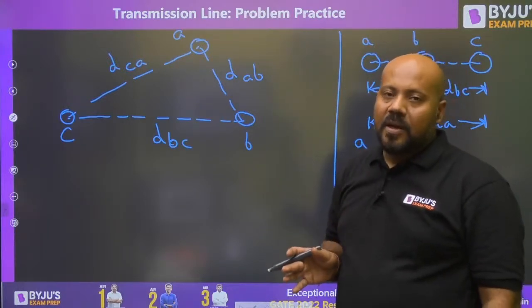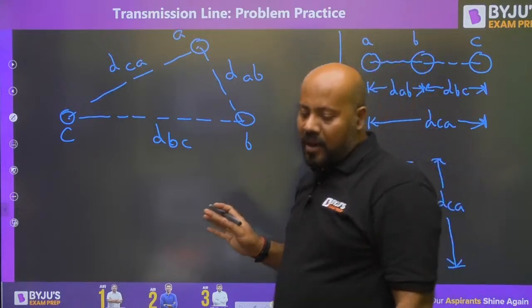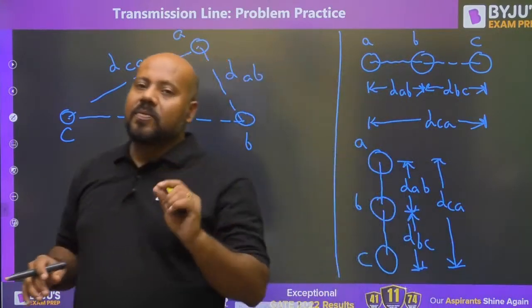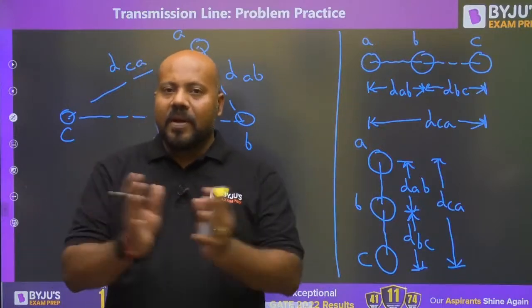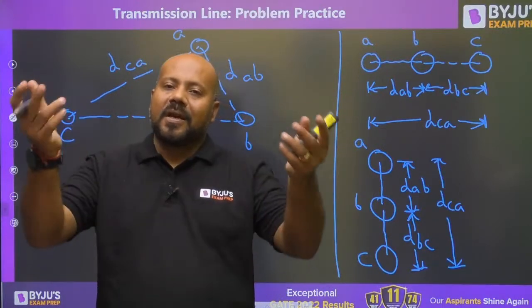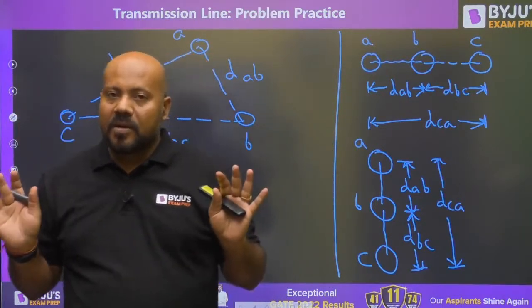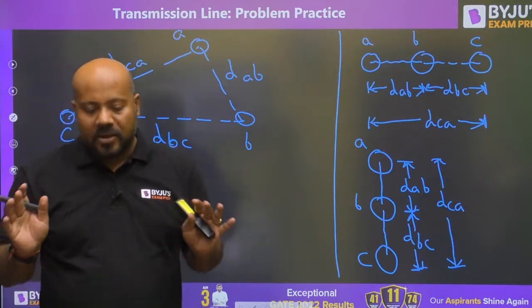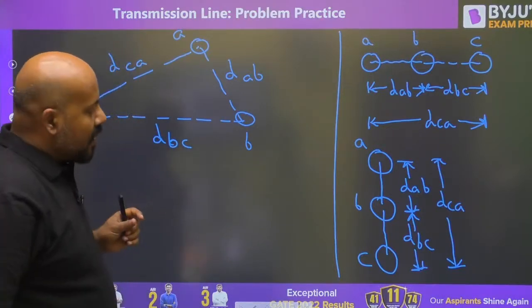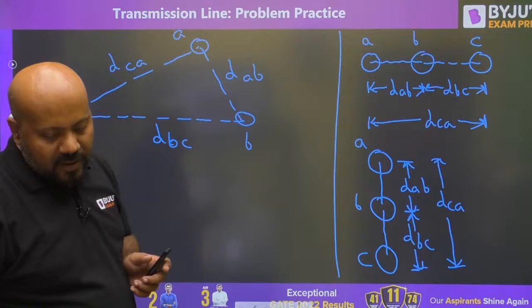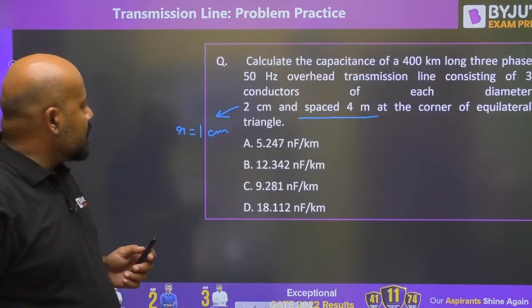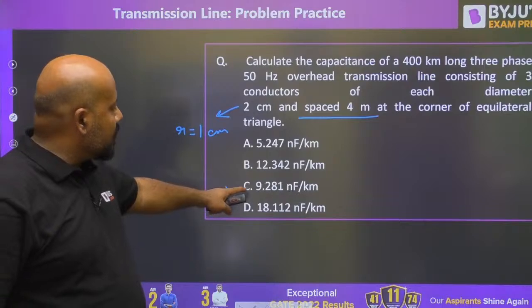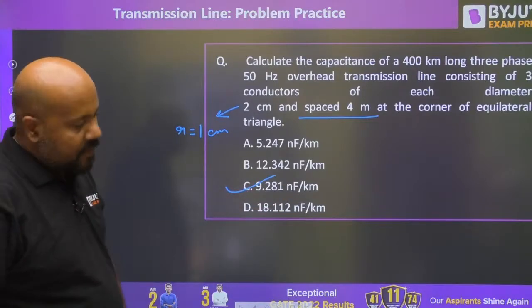You can only apply this shortcut formula if the effective distance between A and B, B and C, and C and A is given. Directly multiply all these effective distances and take the cube root. The story is over. You will directly get the GMD. I hope it is clear, everybody. Tell me in the comment section. You must be getting somewhere around 9 point something. C must be the correct option.